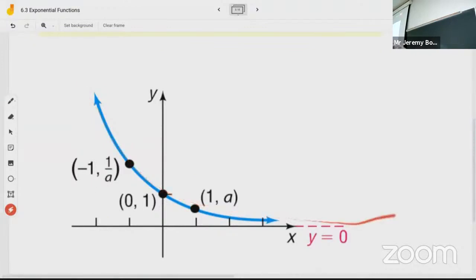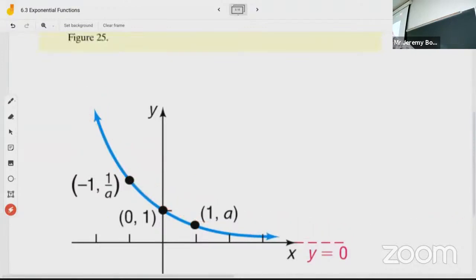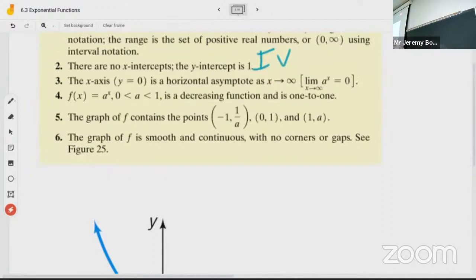It's never going to actually intersect that line. It's a decreasing function, and it's 1-to-1. It's exponential decay, it's decaying. And if you have a function that's always decreasing, that's a better way of saying it, it is going to be 1-to-1.